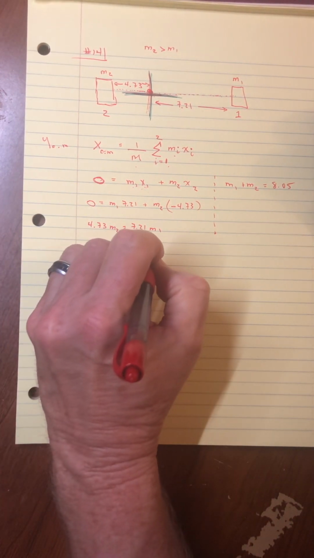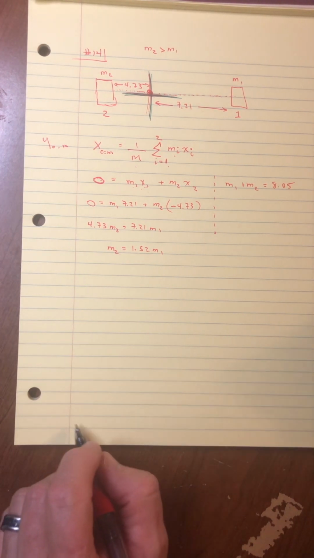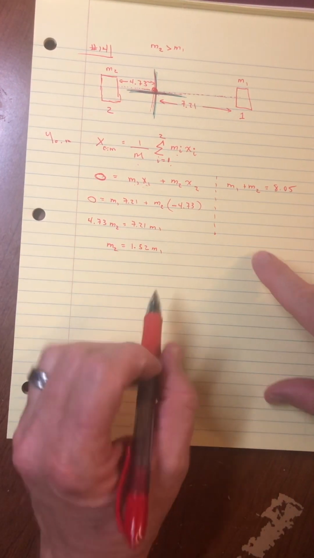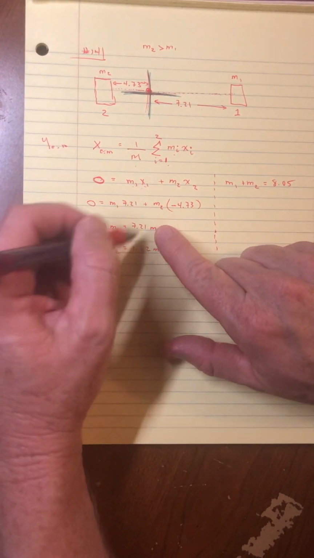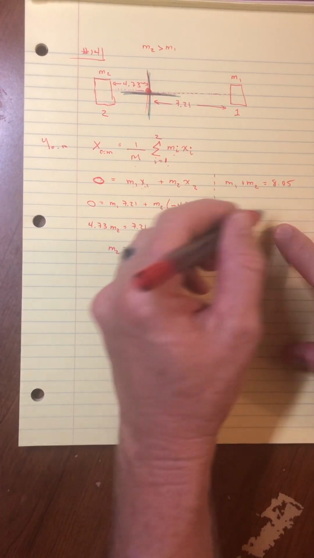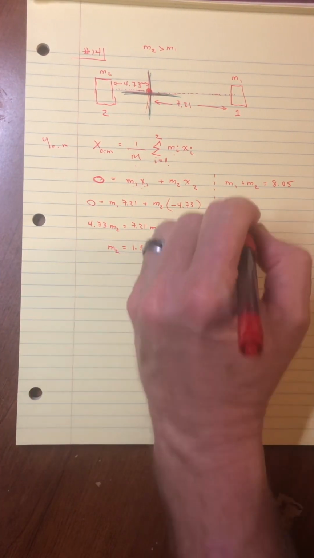So 1.52 M1. Okay. And of course, what I'm trying to do is solve a system of equations. I have one equation over here that's got two unknowns, M1 and M2, and I got another equation over here that has an M1 and an M2. So I'll use that to feed back into here.